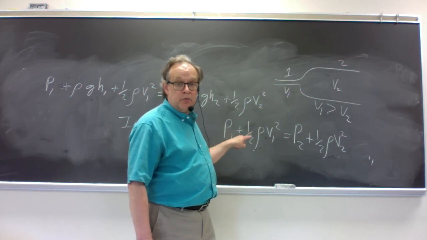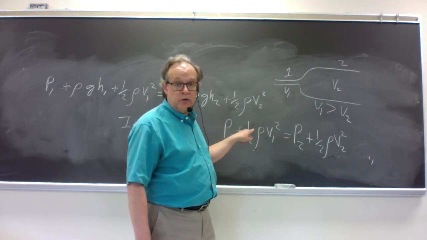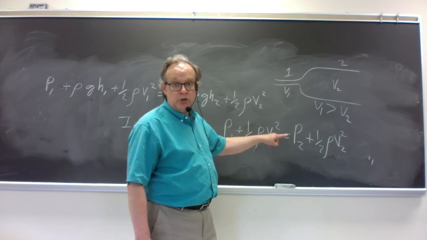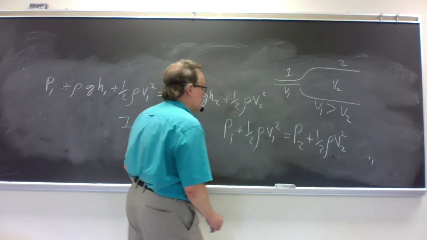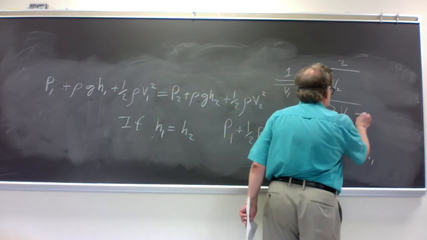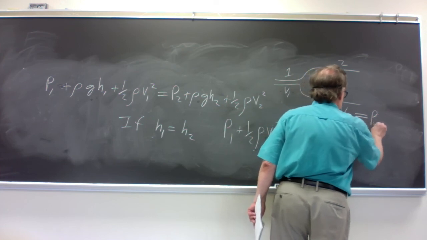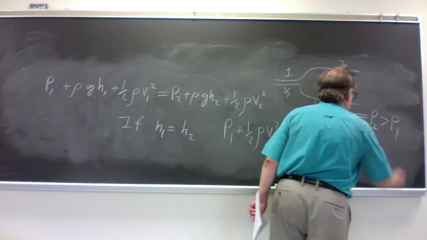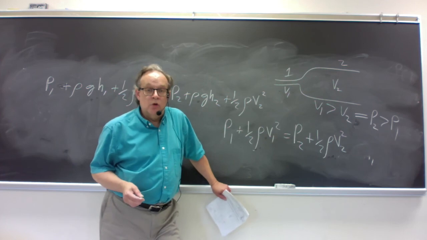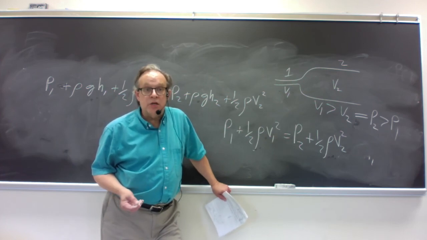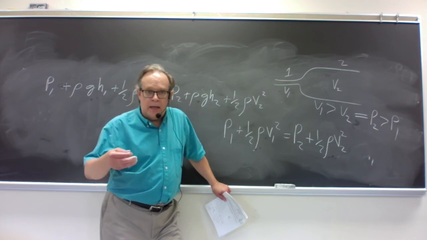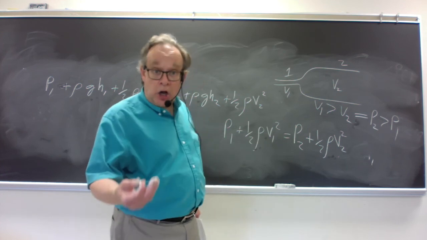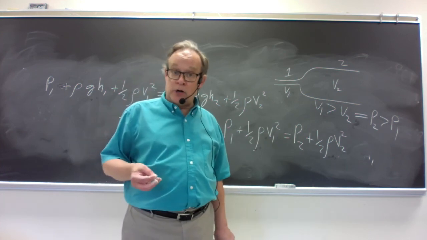Small pressure makes up for the fact that you've got a large value for this, and big pressure makes up for the fact that you've got a small value of this. So that implies pressure 2 is greater than pressure 1. Wherever the fluid is flowing slower, that's a region of higher pressure. And really it flows slower because it's a region of higher pressure.